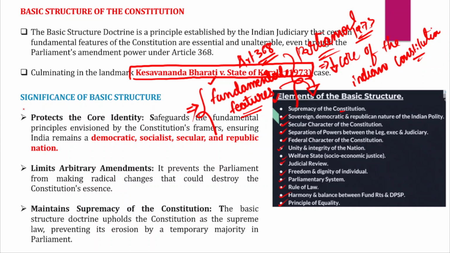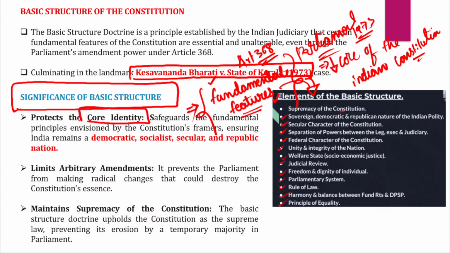Now, what is the significance of the basic structure doctrine? It is very important for us to understand the significance of the basic structure doctrine as well. When we talk about the basic structure doctrine, it protects the core identity of the Indian Constitution, because these are fundamental features, and fundamental features are the core identity of the Indian Constitution, right?